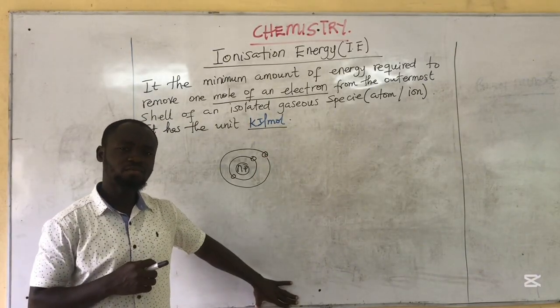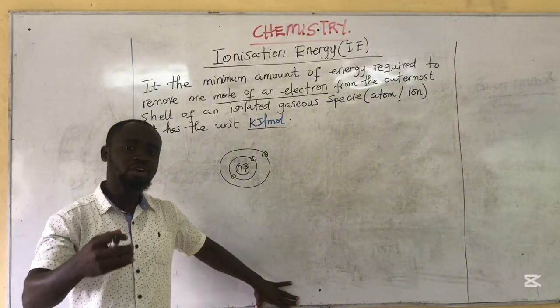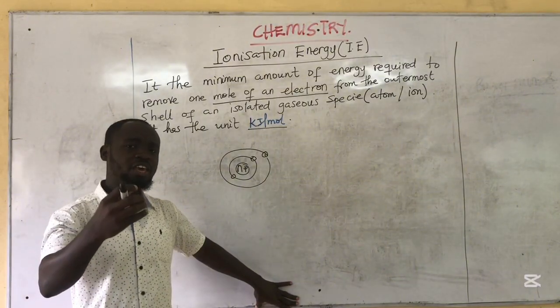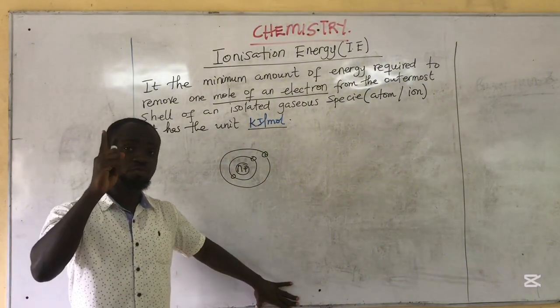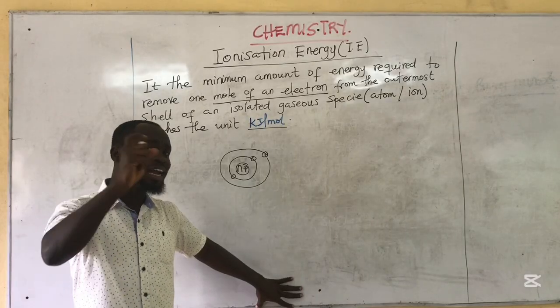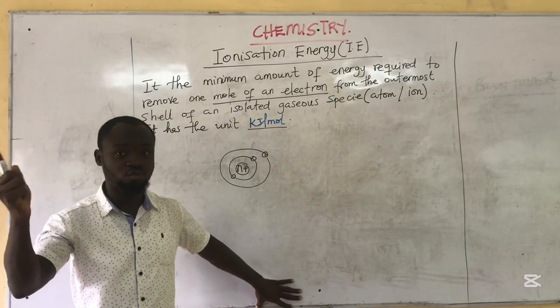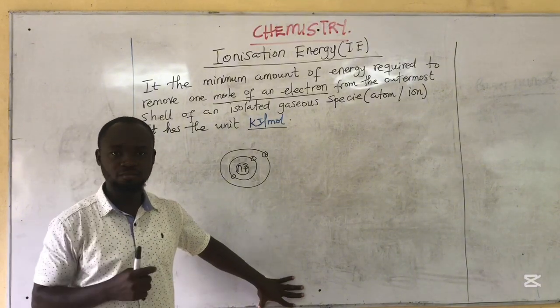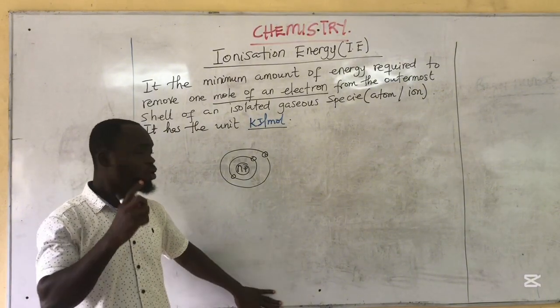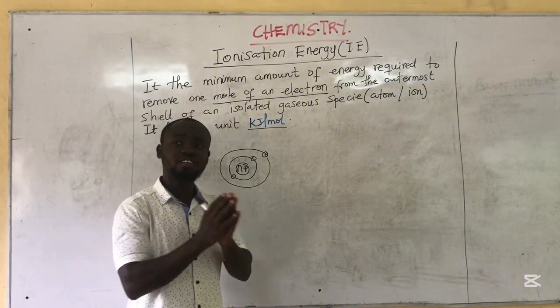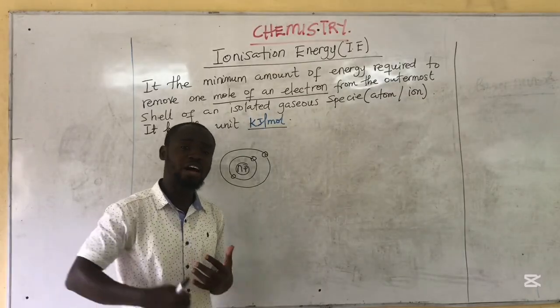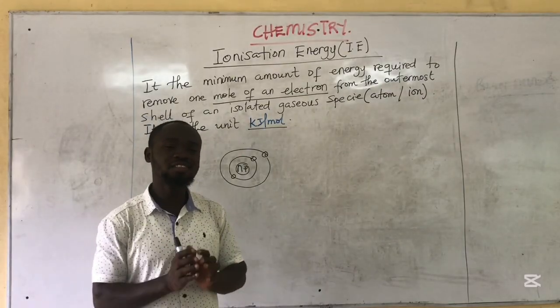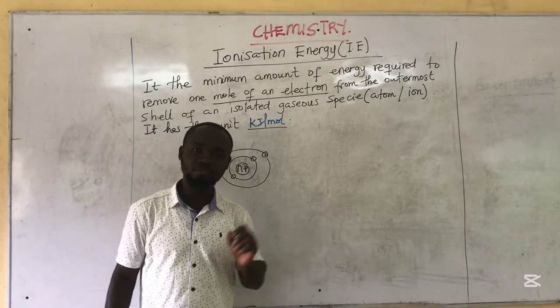Is that okay? Now, one thing also is, if I remove the first electron, it means that I apply a certain energy to remove that first electron. That becomes the first ionization energy. Do you get the point here? Also, after removing the first electron, if I intend to remove another electron, it becomes the second ionization energy.